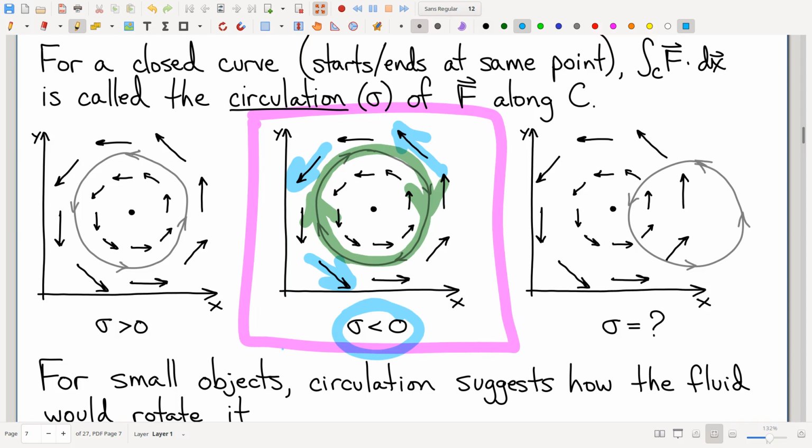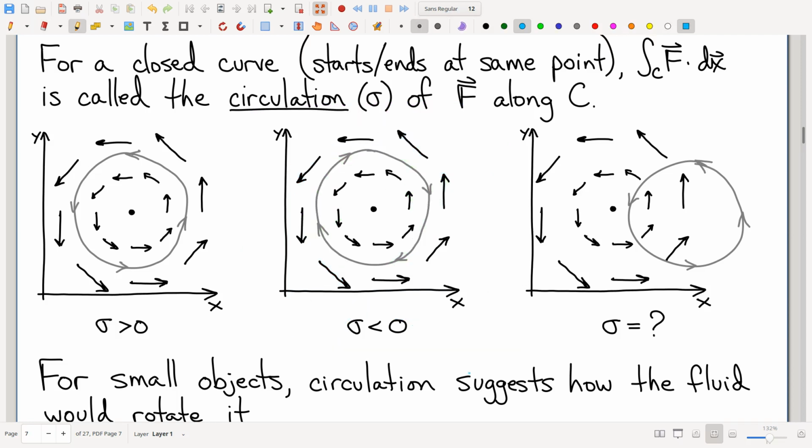Okay. And then there are other questions where it's really just not clear. So now you look at a case like this, and on that curve, in some places the fluid is flowing opposite the direction the curve is going. But in other places, the fluid is going with the direction that the curve is going.